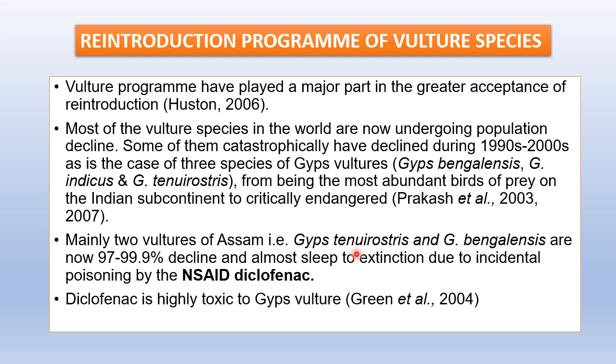Now, the drug is banned by the government, and meloxicam is the safest drug suggested by veterinary doctors as an alternative to diclofenac. Still, people are using it. Diclofenac is highly toxic to Gyps vultures.